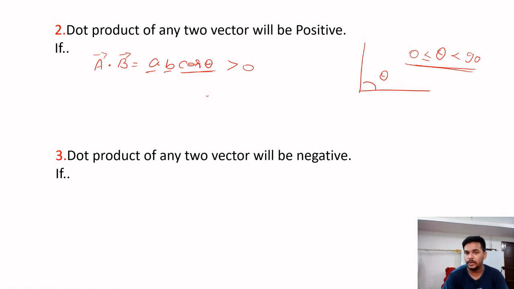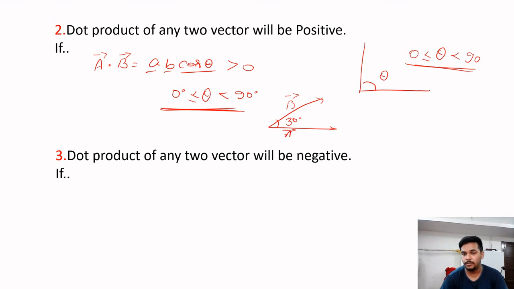This is possible when theta is greater than 0 degrees but less than 90 degrees, because at 90 degrees, as we have seen, the dot product becomes 0. So remember this condition: if you are taking the dot product of any two vectors a and b, and the angle between them is 30, 45, 60, 53, or 37 degrees, any value less than 90 degrees, then the dot product of those two vectors is always going to be positive, greater than 0.